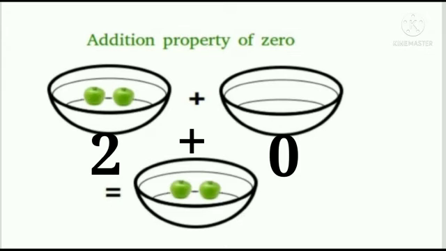How many green apples are there in both the bowls? So here 2 plus 0 equals to 2. Thus, there are 2 green apples in all.